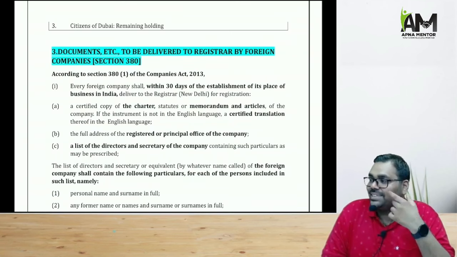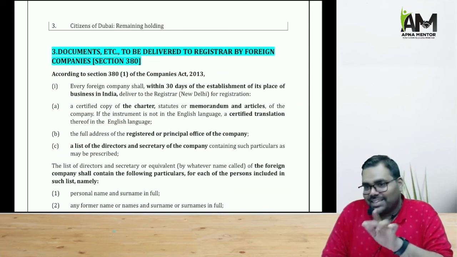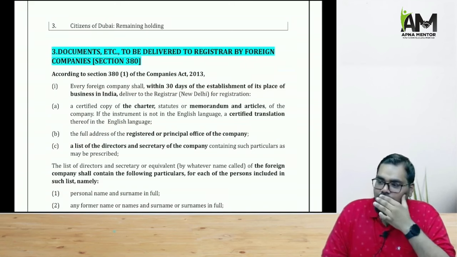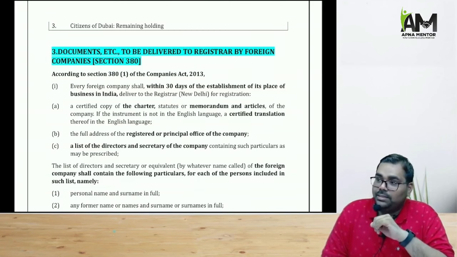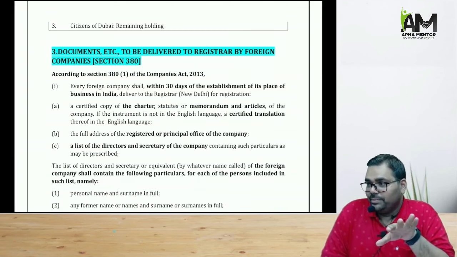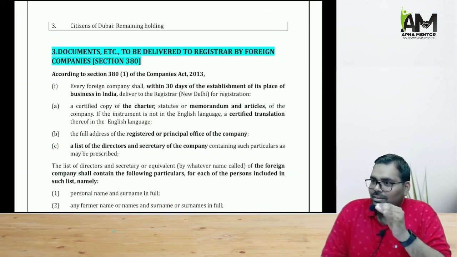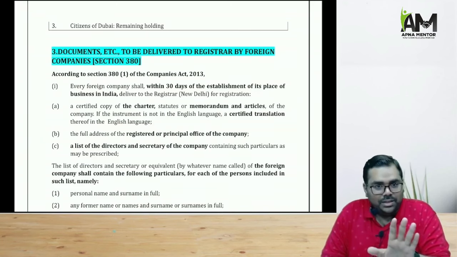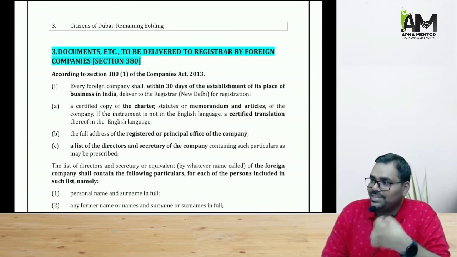You translate the document in English and also give me a translated copy, right? But that should be a certified translated copy. Certified translated copy means it should not happen that you are saying, oh give me a translated copy, then the director of the company sitting there asks ChatGPT to translate this and gives it. No, there are certified persons who have done the foreign courses, who are certified enough to do that translation.